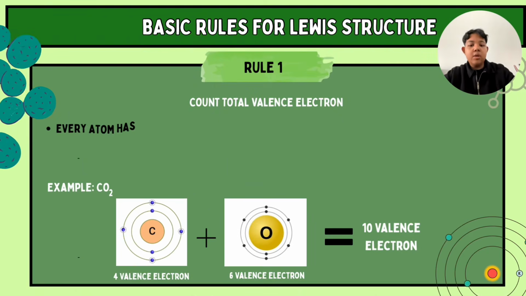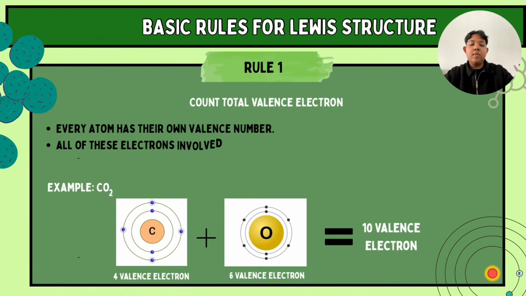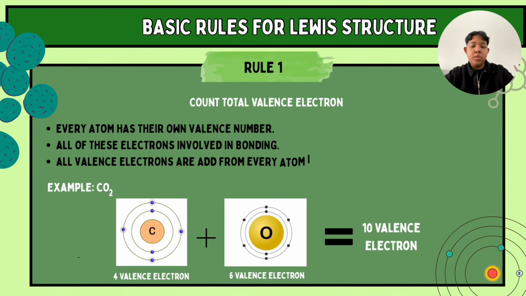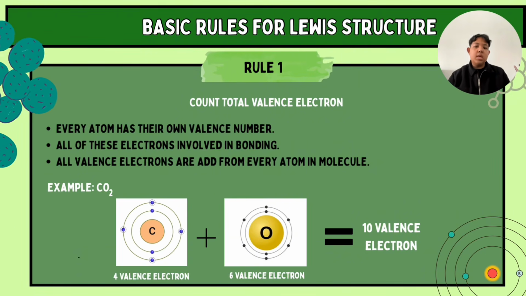Now let's take a look at the basic rules for a Lewis structure. These rules are used for writing a Lewis structure. The first rule is to count the total valence electrons. As you know, every atom has its own specific number of valence electrons based on its position in the periodic table. All of these valence electrons are involved in bonding or exist as lone pairs.